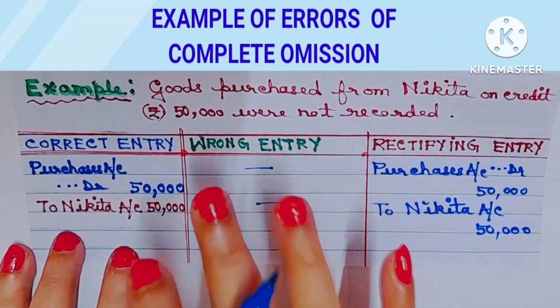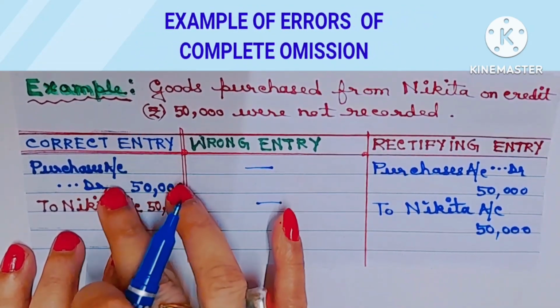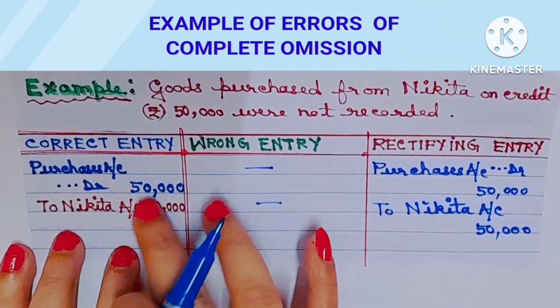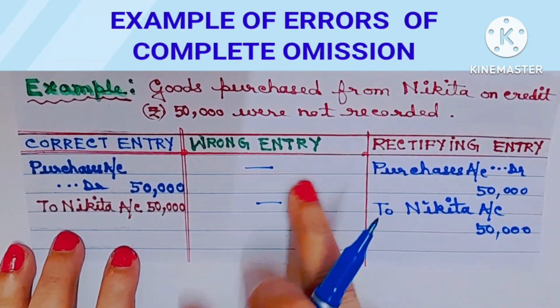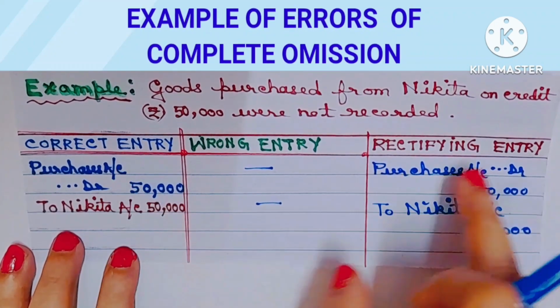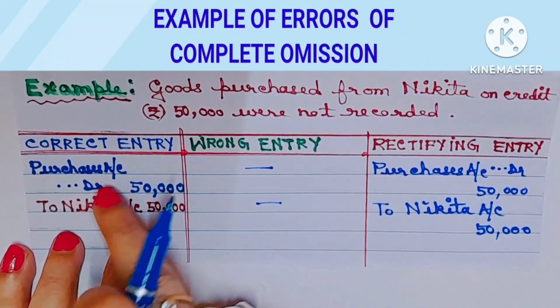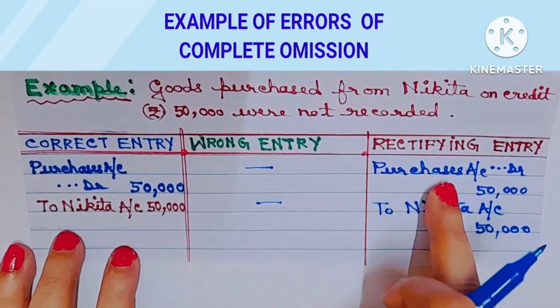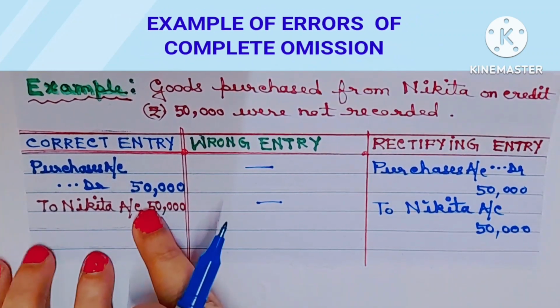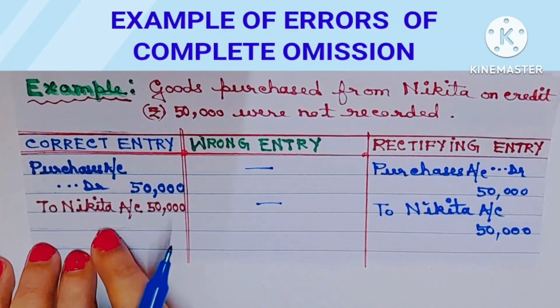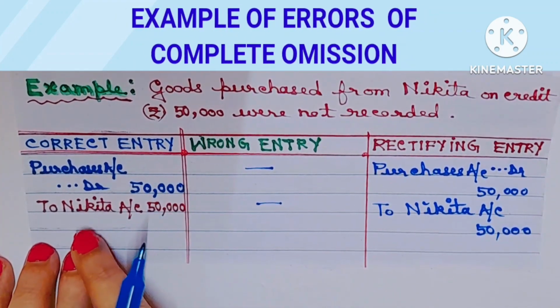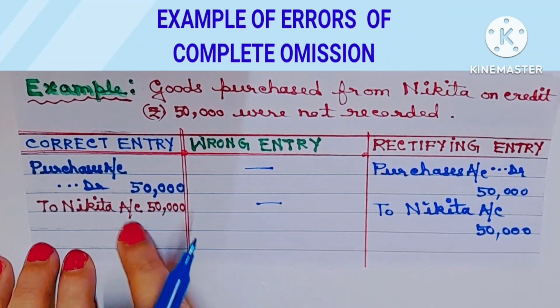See, again I repeat. On the debit side, correct entry, purchases account debit 50,000. In the wrong entry, there is nothing on the debit side. So just copy the debit side entry in the correct entry. Purchases account debit 50,000. That I've done. Now compare the credit side entry in the correct entry with the wrong entry. In the correct entry, on the credit side is to Nikita account 50,000.